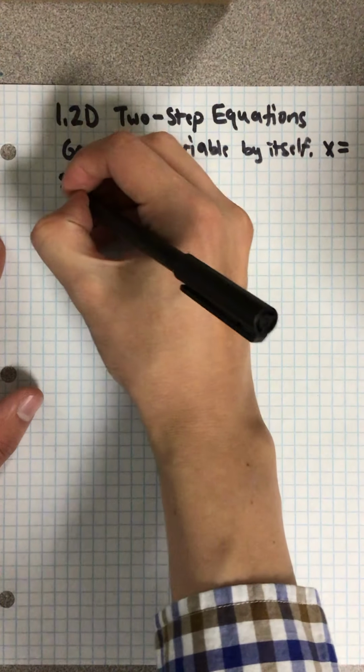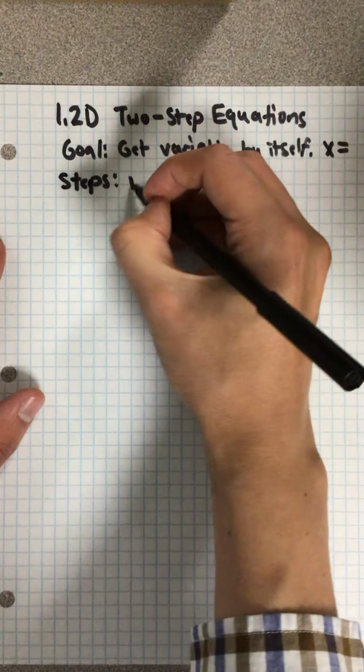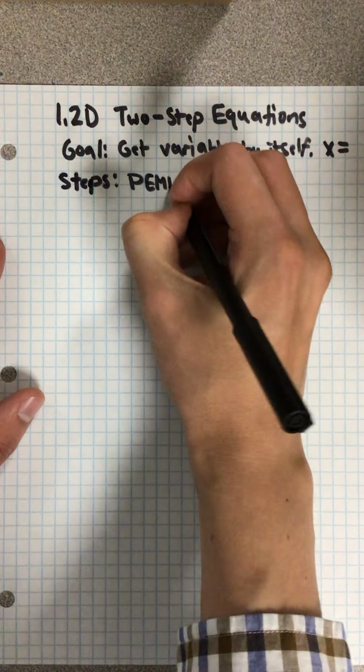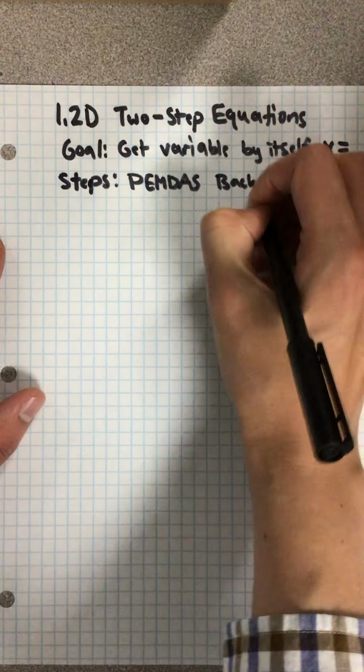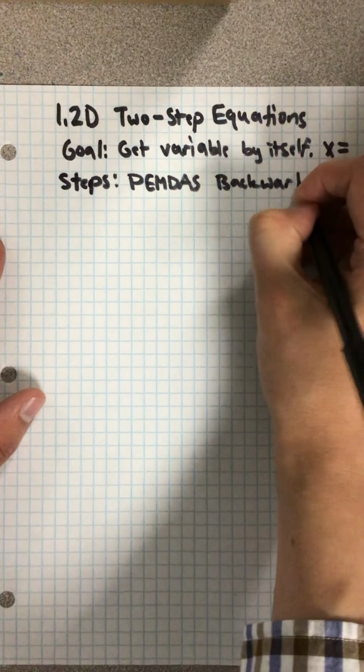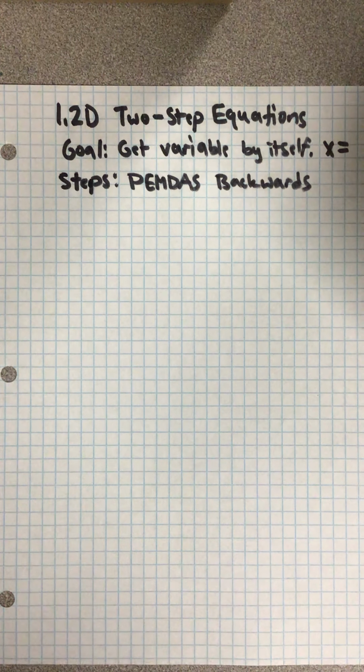Now the steps that we use, essentially speaking, is PEMDAS backwards. Now, this doesn't take into account using the distribution and collecting like terms that we had before.